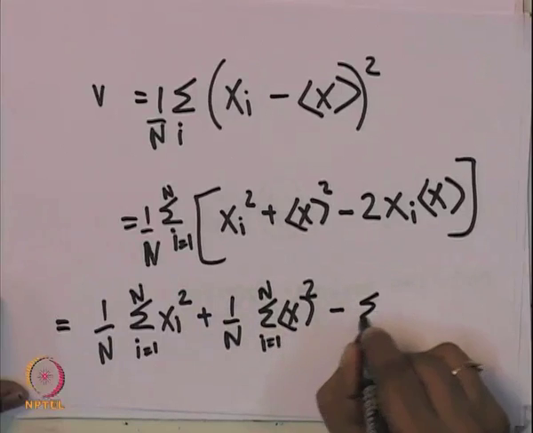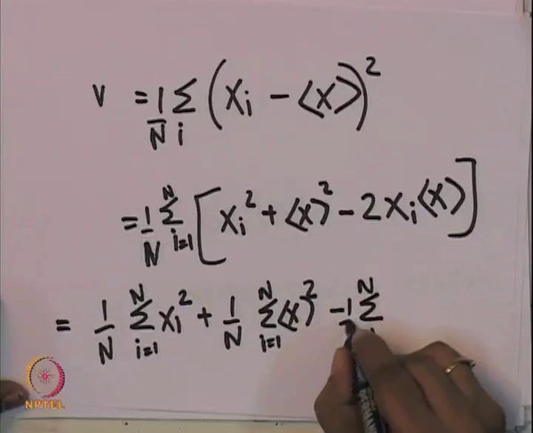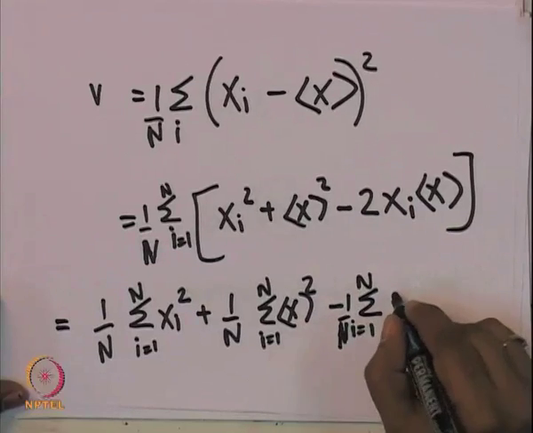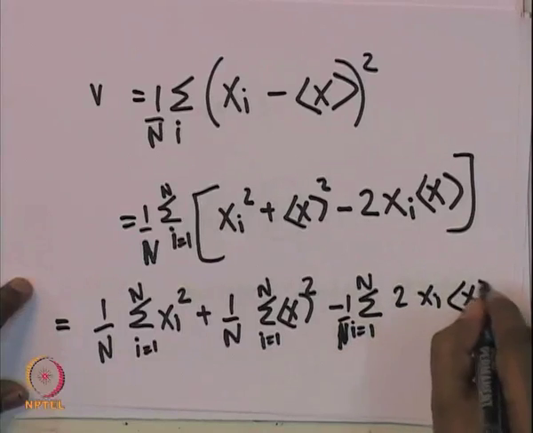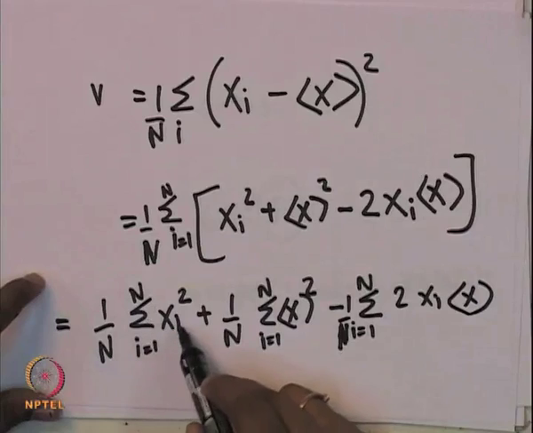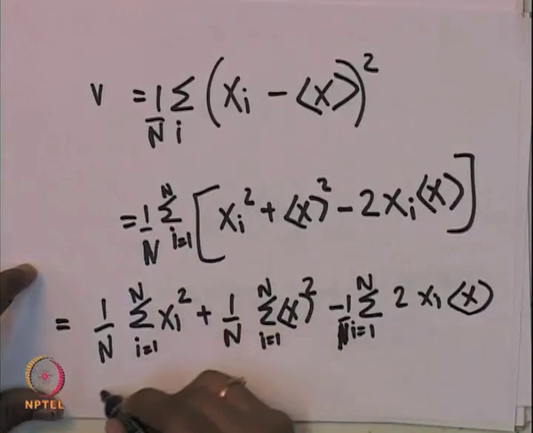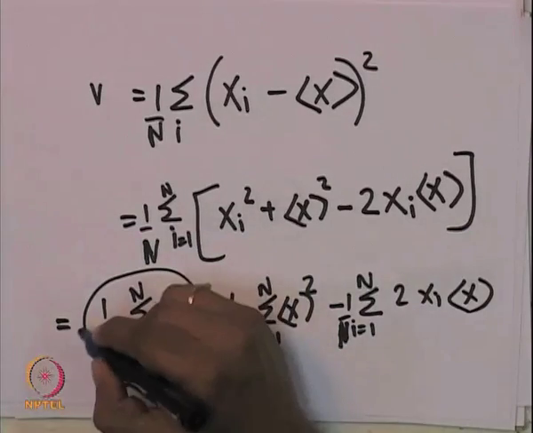Now what is 1 over n sum over i from 1 to n of xi square?